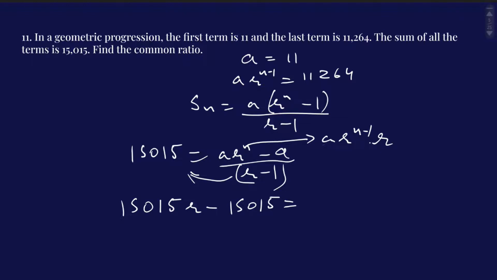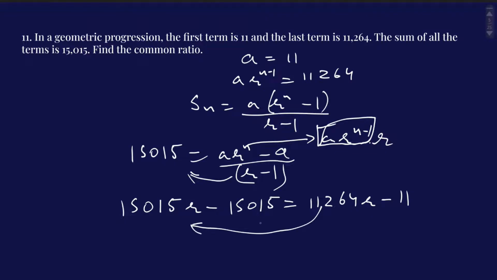So we are given this, which is equal to 11,264. So 11,264 into r minus a, which is 11. So we will take this to the left hand side and this to the right hand side. This would be nothing but 15,015 minus 11,264, which is going to be 3751.